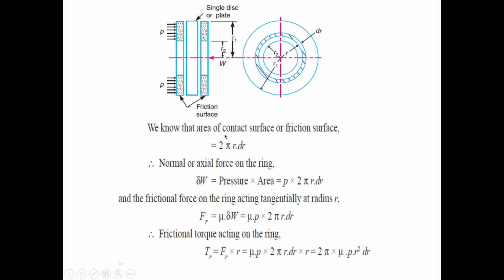We know that the area of the contact or frictional surface is given by 2 pi r dr. Similarly, the axial force is given by pressure into area. The frictional force is given by F suffix r is equal to mu into small delta W. By substituting all this, we can calculate the frictional torque required.